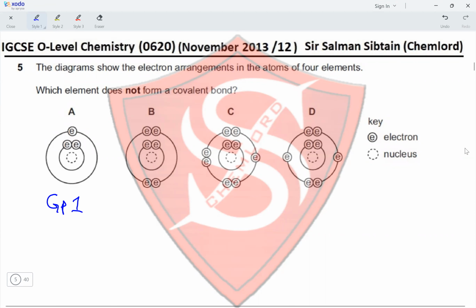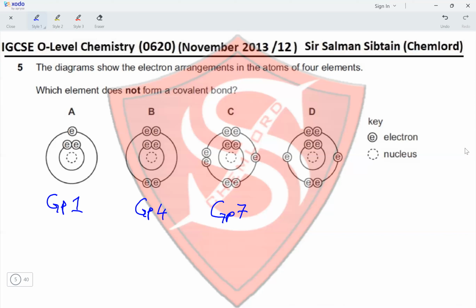B is an element from group 4 because it has got 4 outer electrons, and group 4 elements form covalent bonds. C is an element from group 7, making this a halogen, and halogens form covalent as well as ionic bonds.